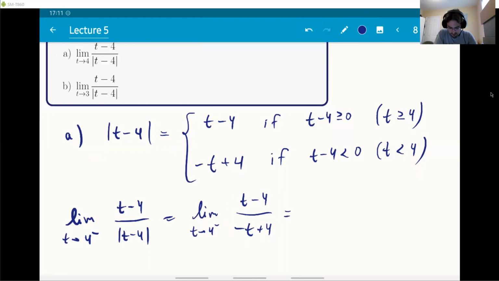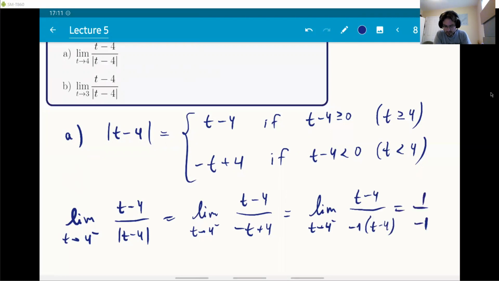So you can basically, for example, factor a minus 1 downstairs in order to write this is minus 1 times t minus 4, and you cancel the t minus 4s. So it becomes 1 over minus 1, which is minus 1.